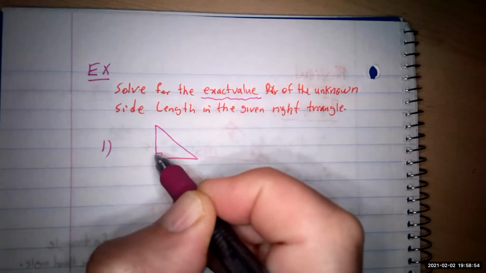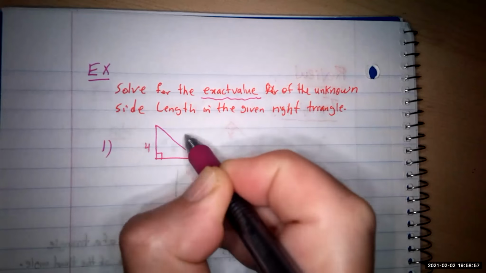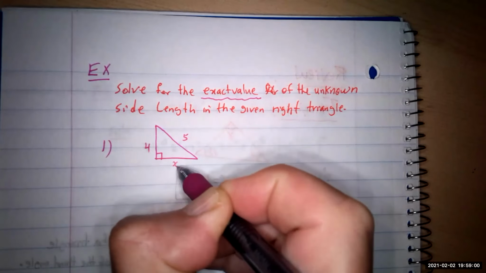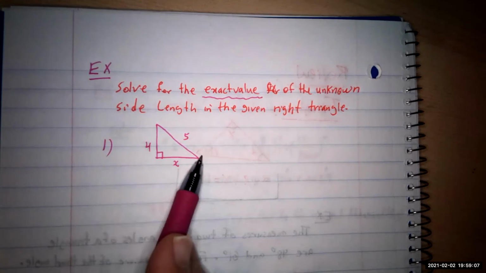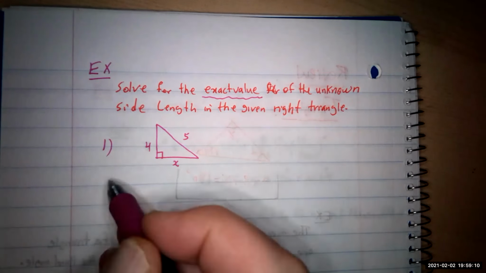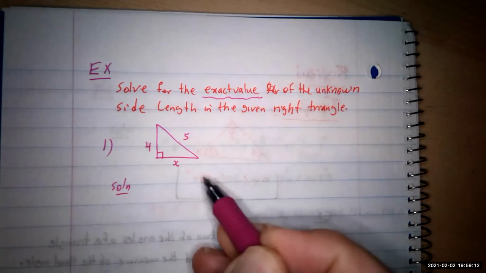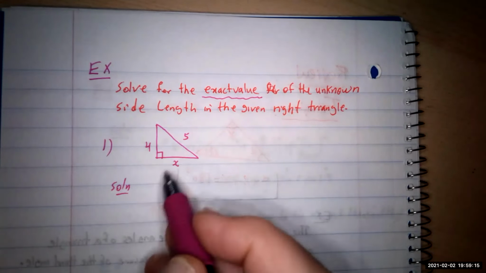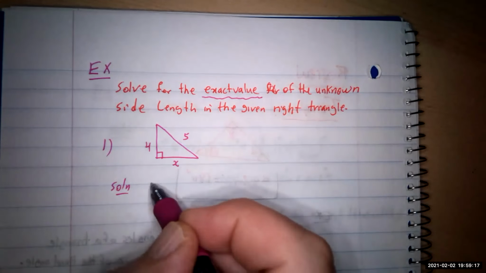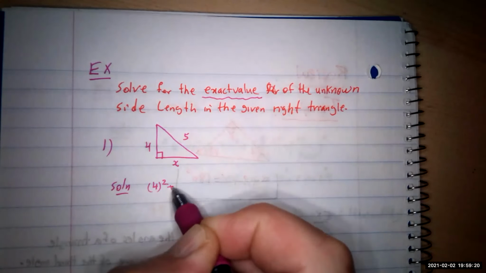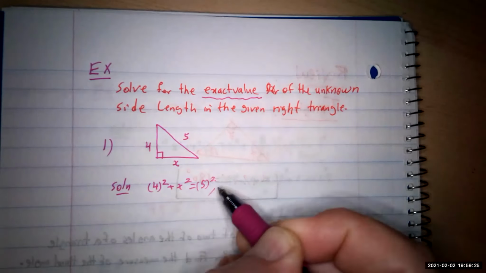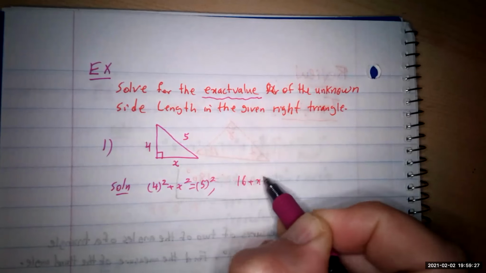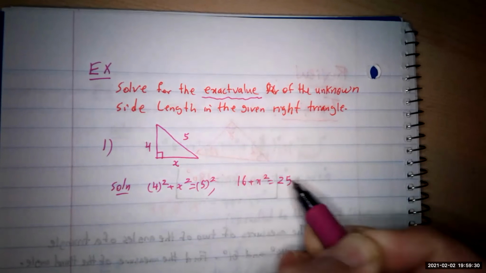This is a right triangle. The numbers are 4, 5, and this is x. Okay, so write the Pythagorean identity. You start with the square of the bigger one, the hypotenuse. You can go with the 5 squared or the other one, it doesn't matter. So it's going to be 4 squared plus x squared equal to 5 squared. So it's 16 plus x squared equal to 25.